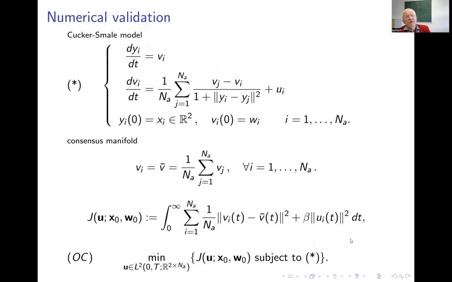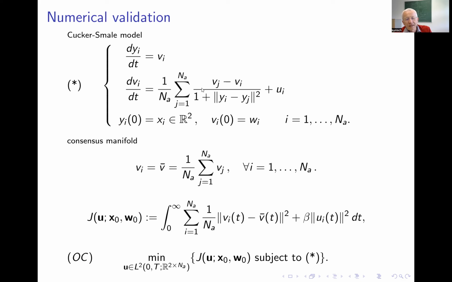And now let me give one numerical example. So that's the end of the procedure. It's the Cucker-Smale ODE of agents, NA agents running around in the plane with locations yi, where i is the index of the agent. Each y has two coordinates, the x1 direction and the x2 direction, and velocities.